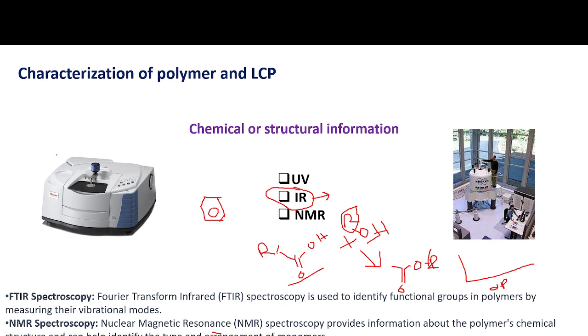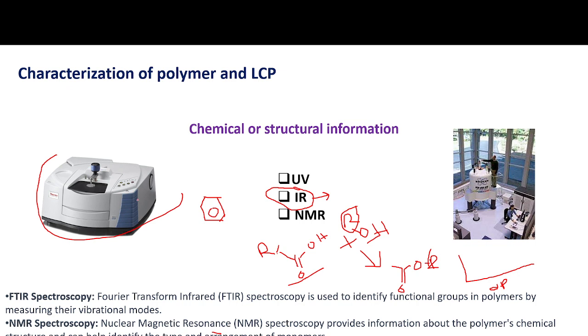Here this one is FTIR spectroscopy: we put a sample here, pass monochromatic light through it, and from the instrument we get the transmitted spectra.